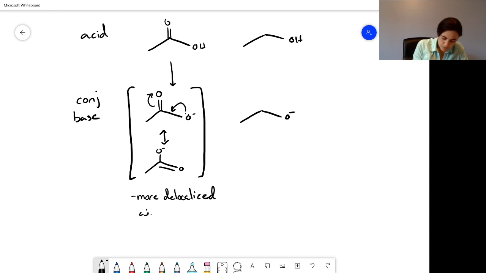And therefore, our weaker base. Right? So it's okay with maintaining that charge much more than our alcohol is.